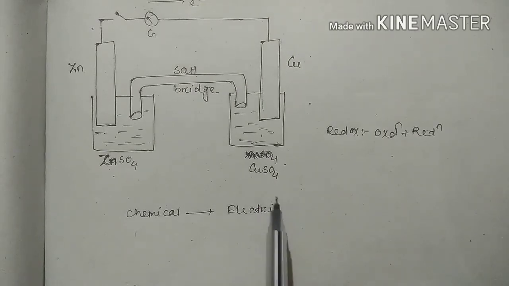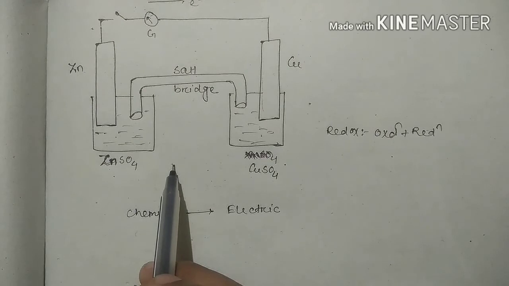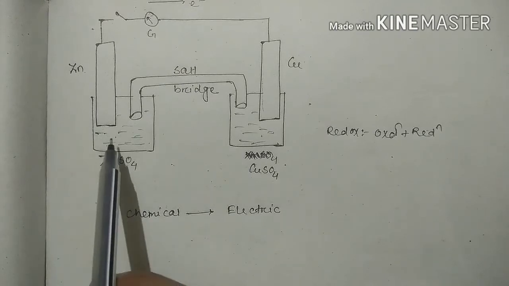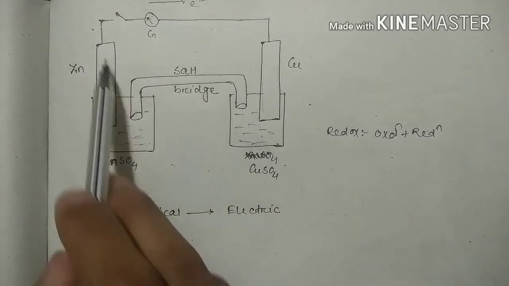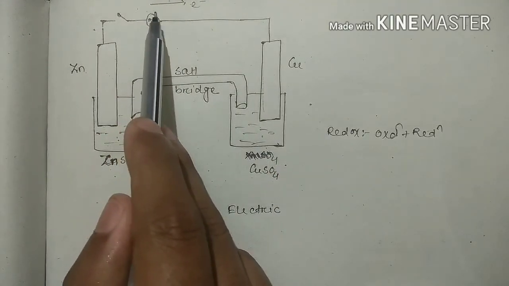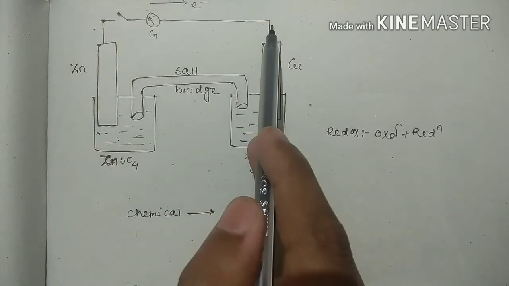We have seen that in this device the chemical reaction works as a redox reaction, and from the redox reaction the electrons are removed from the zinc half cell and come to the copper half cell through this path. The movement of electrons is shown like this.